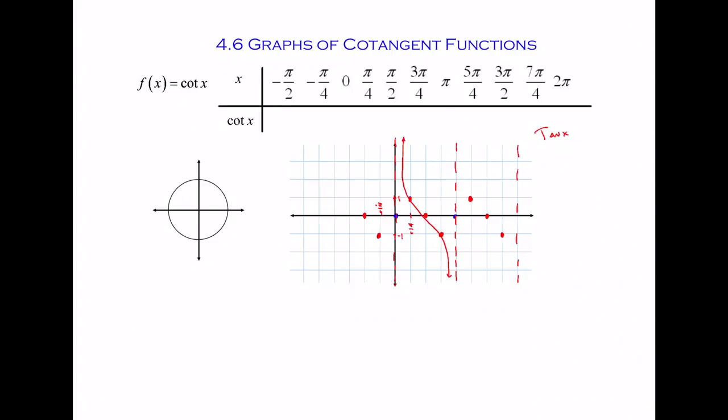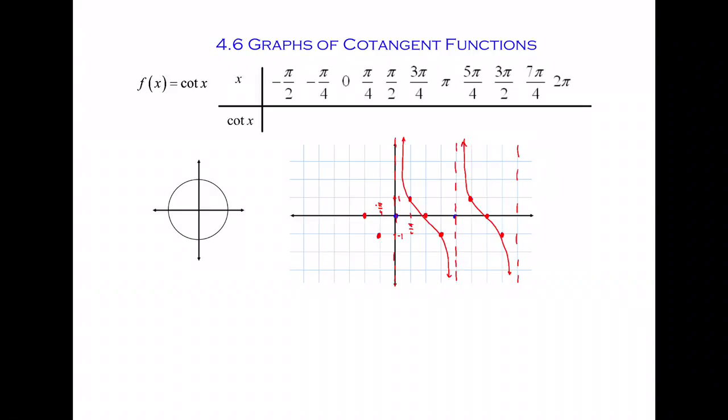This now represents your cotangent graph. Cotangent and tangent obviously are very similar. Tangent's opposite over adjacent, and cotangent's adjacent over opposite. So the vertical asymptotes have shifted. And also look at your graph, it is now decreasing instead of increasing. So this represents your cotangent graph now, not tangent.